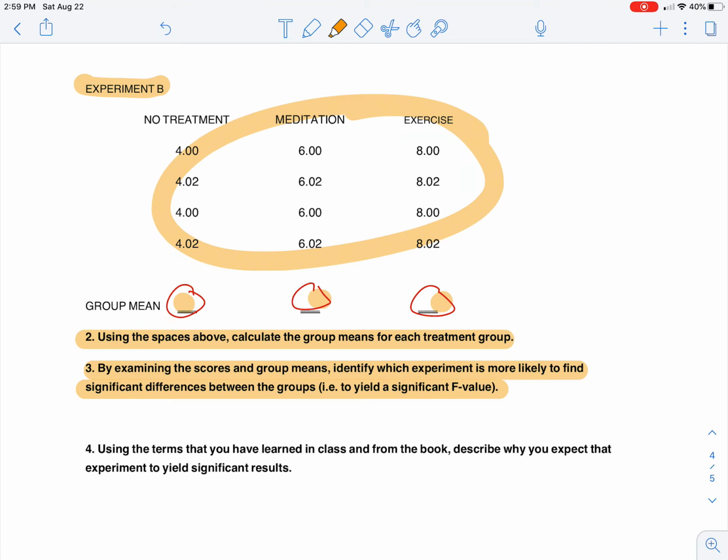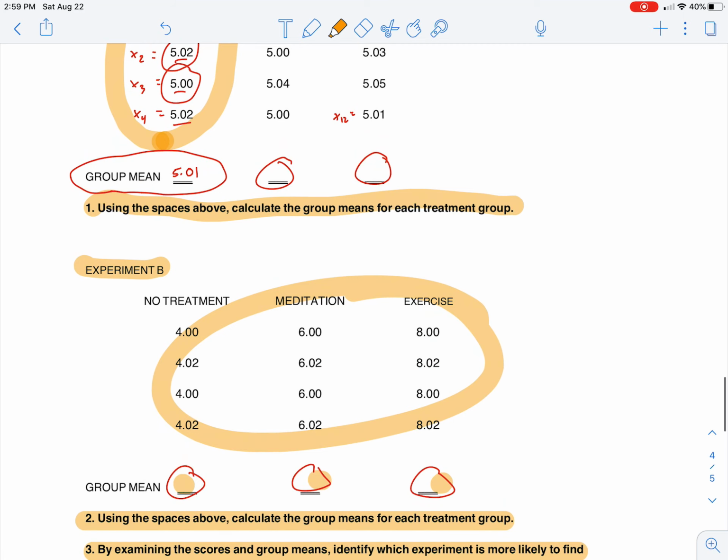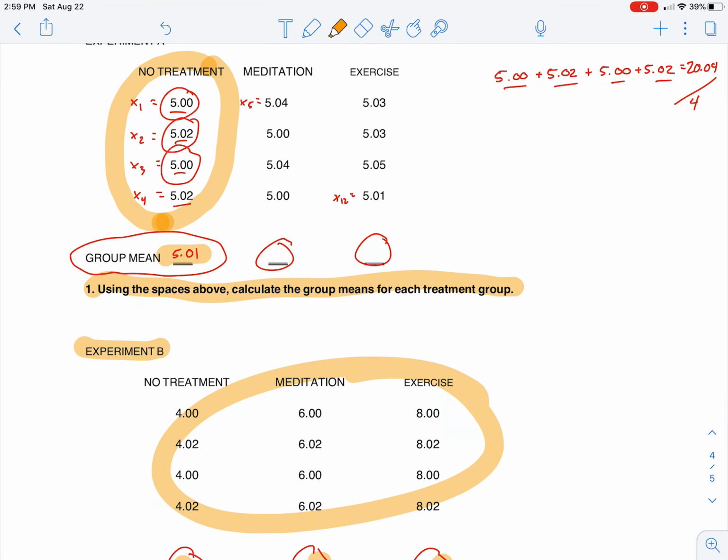I want you to try to figure out how to do this. All I've given you are group means, and what you can tell is how different people are within a given group. So remember, in general, our F is about between group variance over within group variance.